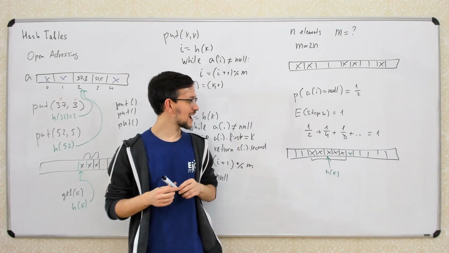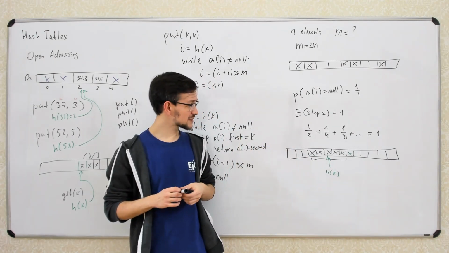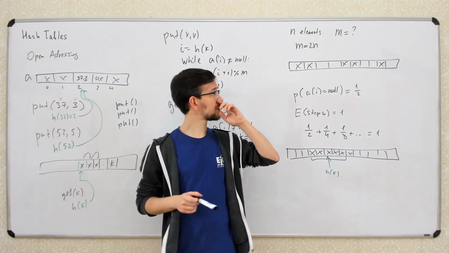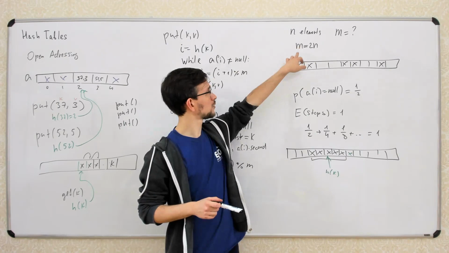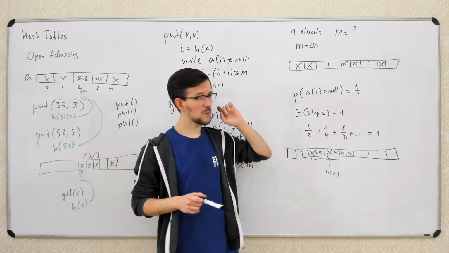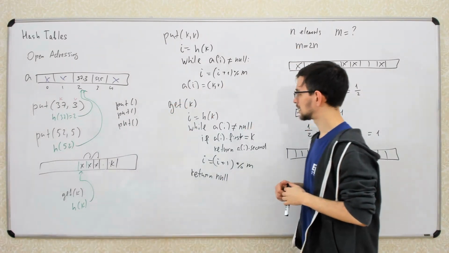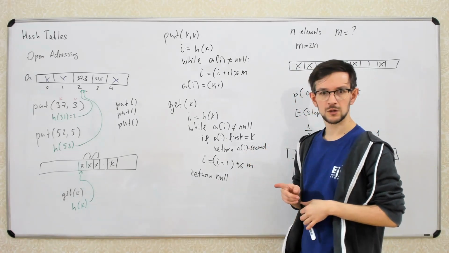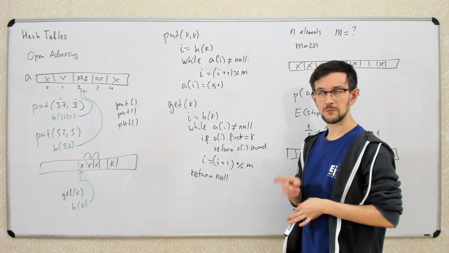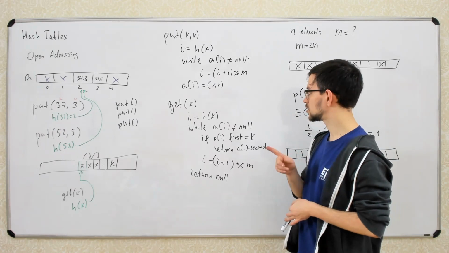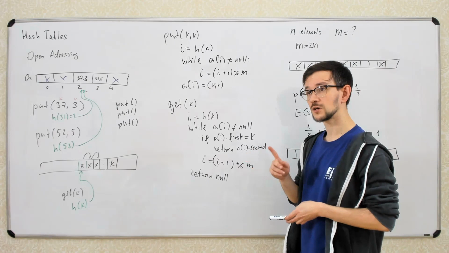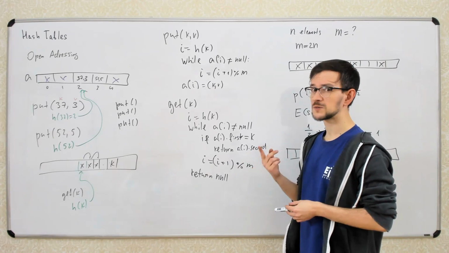That's fine. If you calculate the probability well enough, I believe for m equal to n, the expected time complexity of get is still constant. I'm pretty sure it is. I didn't check. No, it must be constant.